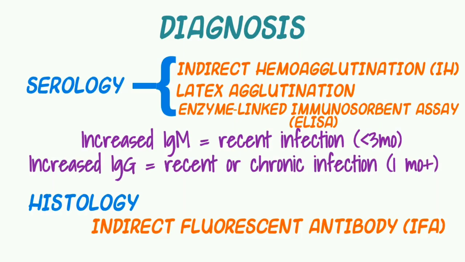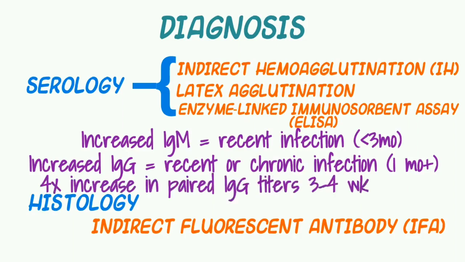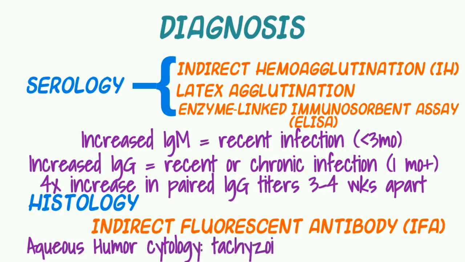If an animal presents with clinical disease, as with many infectious diseases, paired IgG titers 3 to 4 weeks apart are recommended, with a 4-fold or more increase in titer confirming infection. Another pre-mortem technique is to look for tachyzoites, or IgG, in the cerebrospinal fluid or aqueous humor.